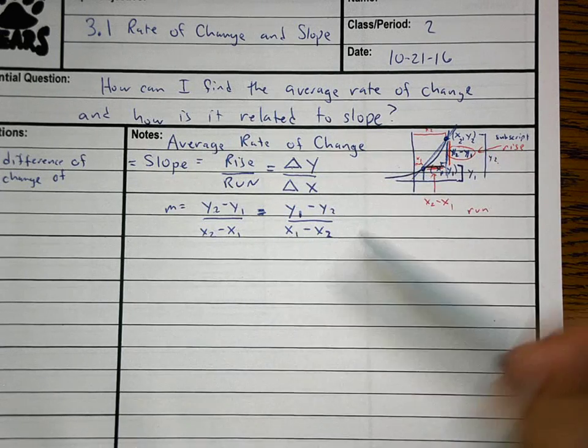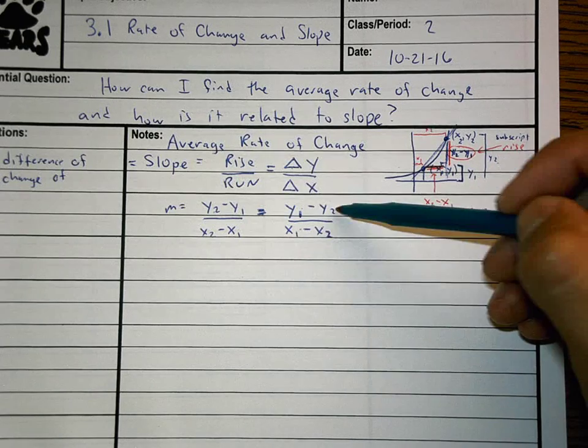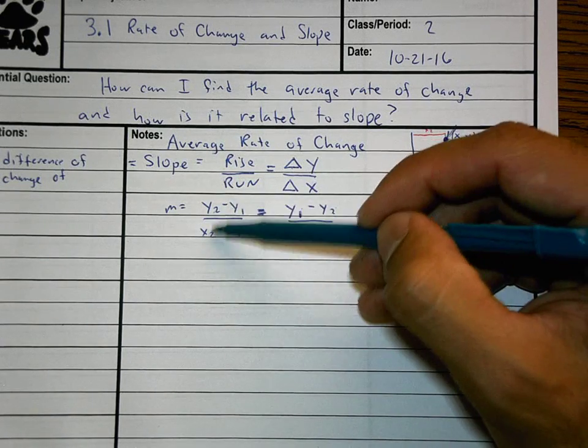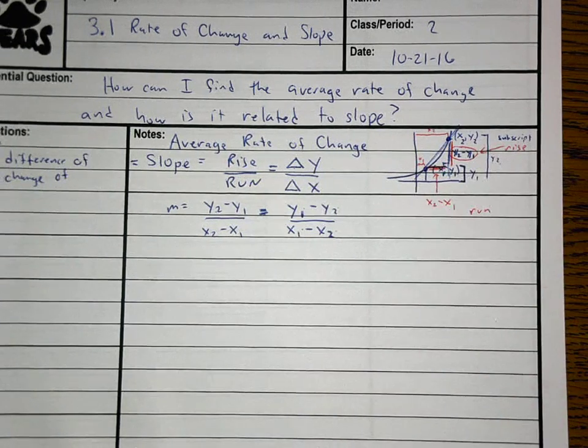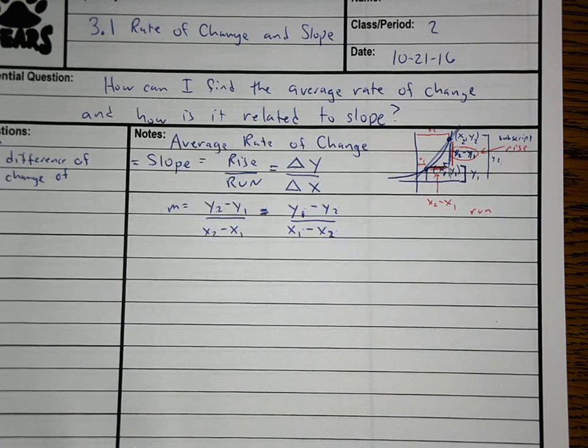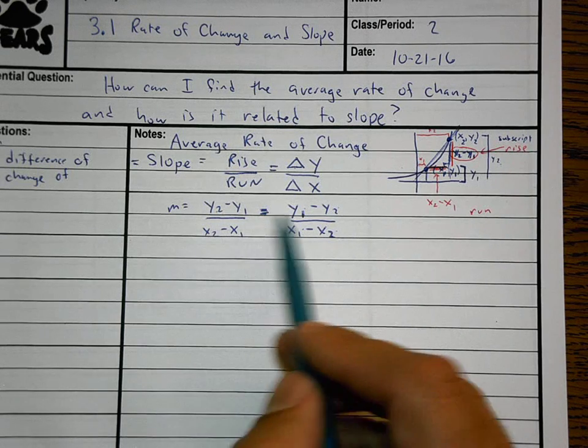As long as I have 1 over 1 first and 2 over 2 second, or 2 over 2 first and 1 over 1 second, then it is the same thing. I can use either formula.